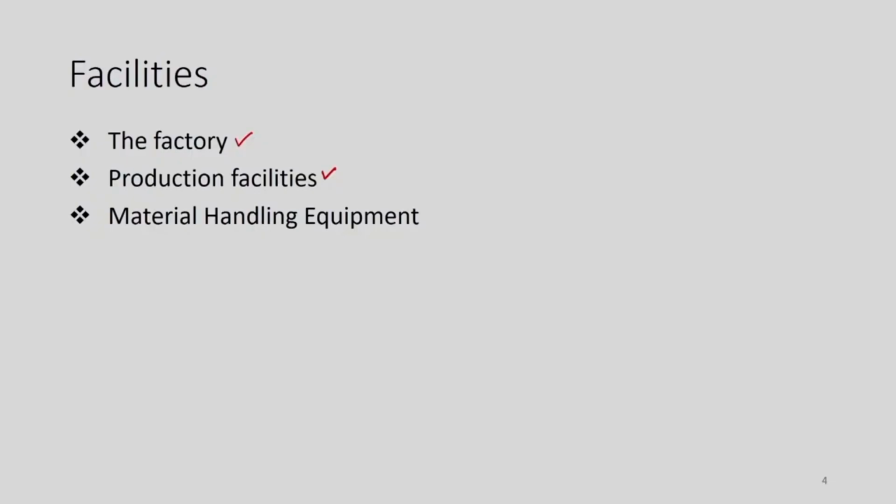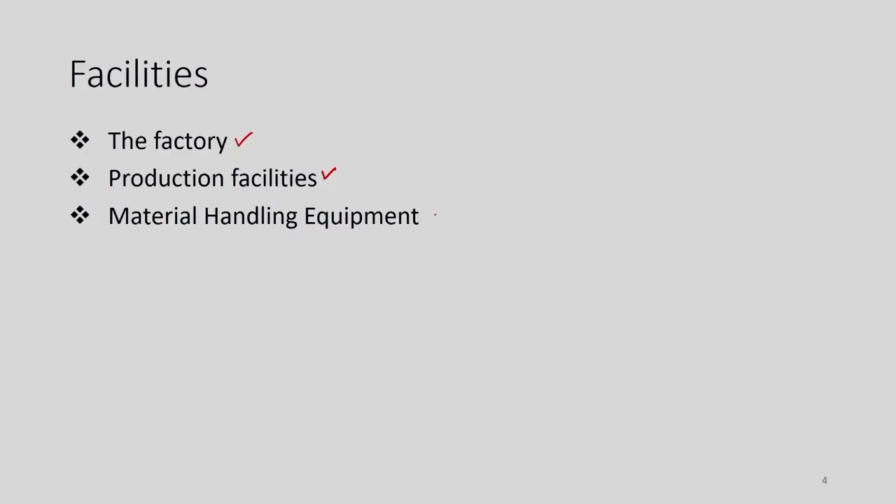Then when the products are being manufactured in the house or on the shop floor, we need to move the raw material from one shop to another shop, from one place to another place. We need to move or convey the semi-finished products. We need to convey the finished products for inspection, for dispatch.